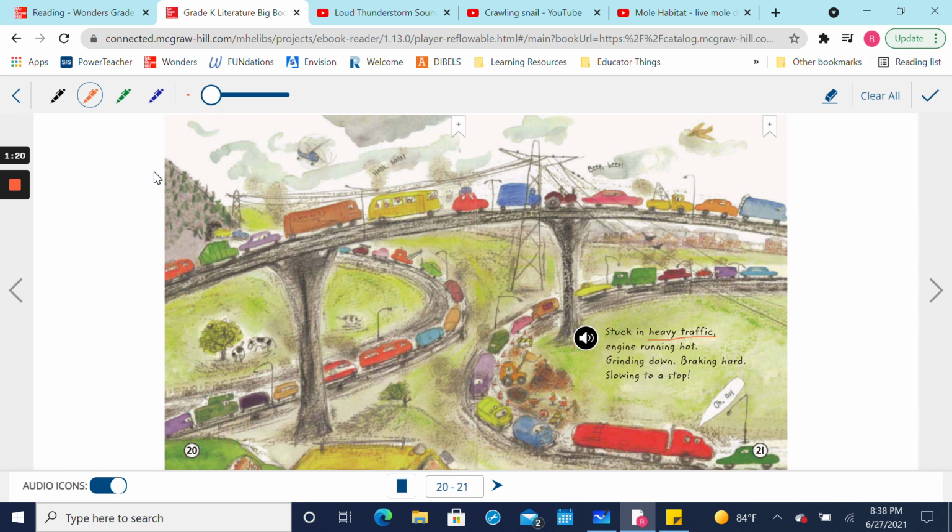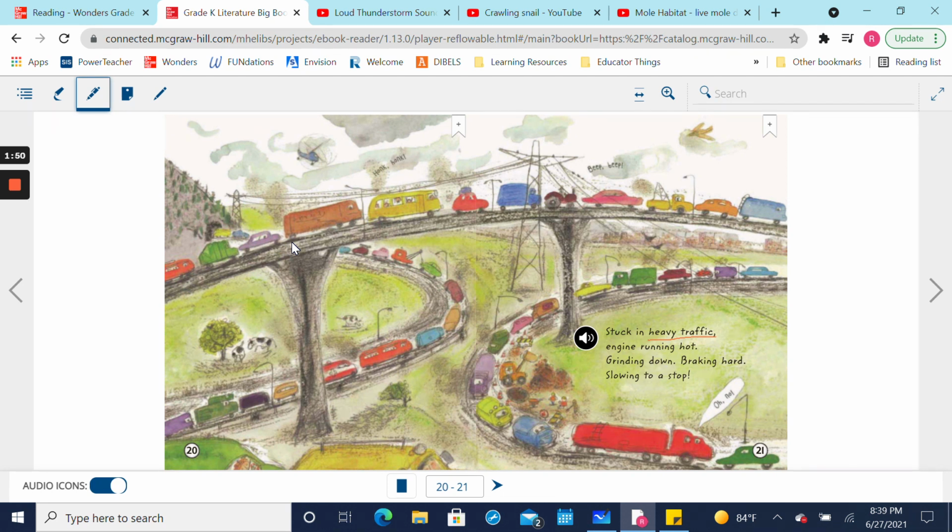And when I look at the pictures, I see that there are cars all the way back and around and around. There are cars all over the road. So I can use context clues to figure out that heavy traffic means that there are a lot of cars on the road, and it means there is a lot of traffic.